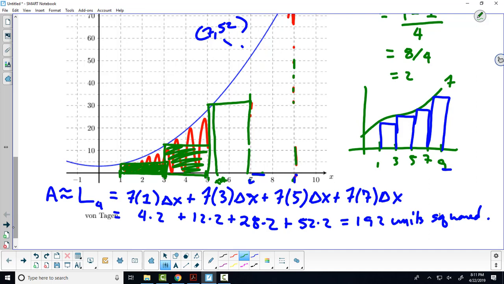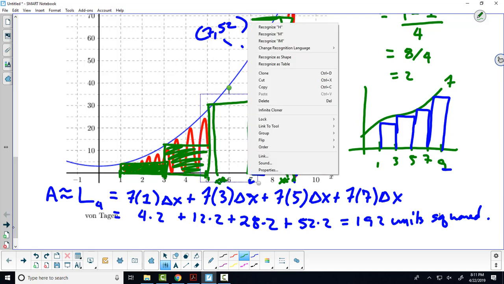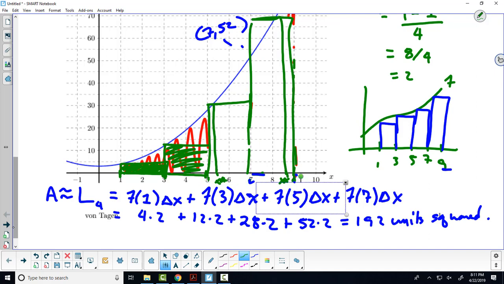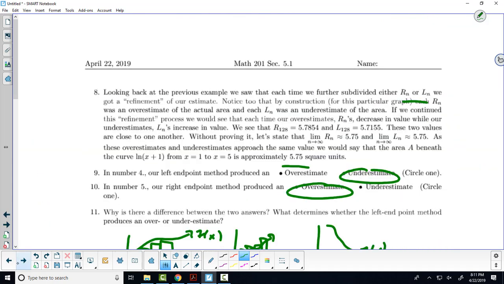Maybe this will be our x star value for this one, and we go up to where this one intersects the curve, and that's how we construct the rectangle. So this method works regardless of whether you must pick the left endpoint of the interval, or the right endpoint, or the midpoint, or just any old value in that interval. That's what this most general one is saying. It doesn't matter which one you pick.